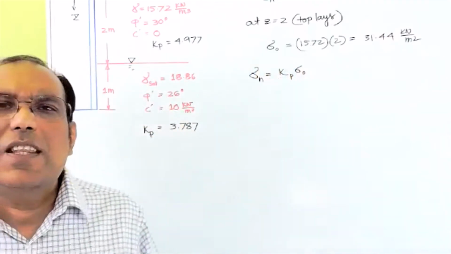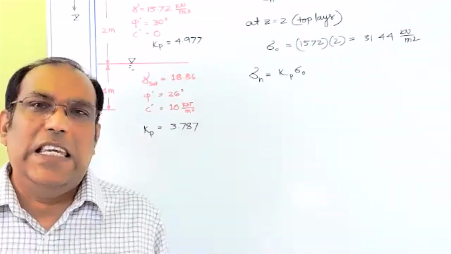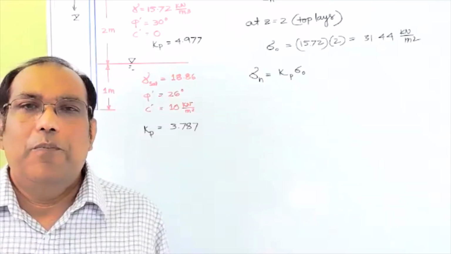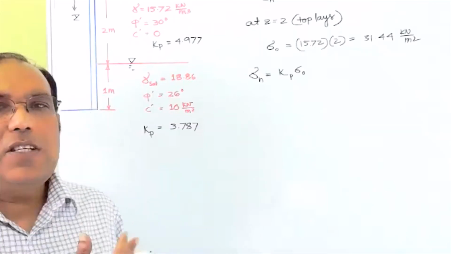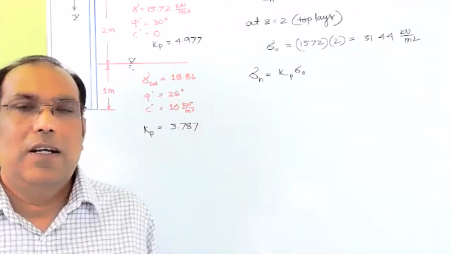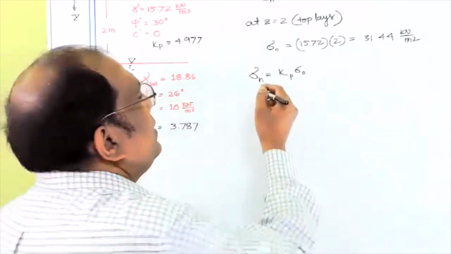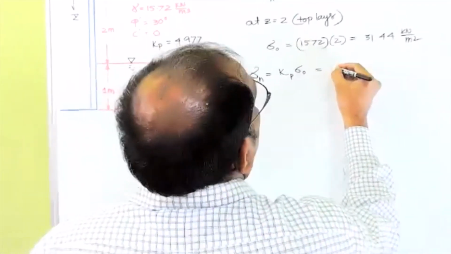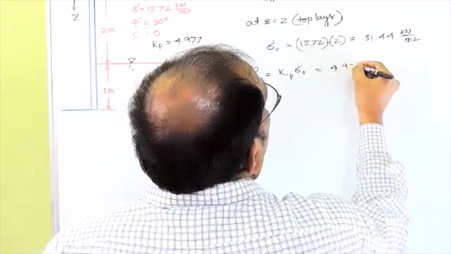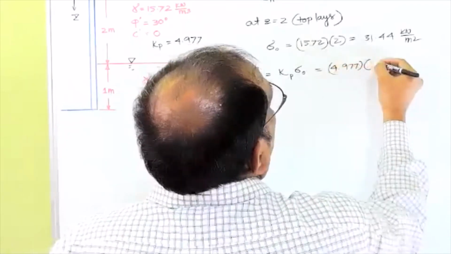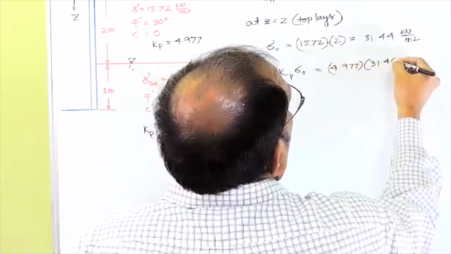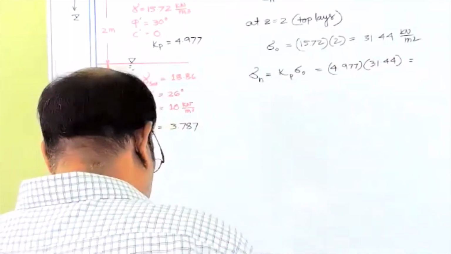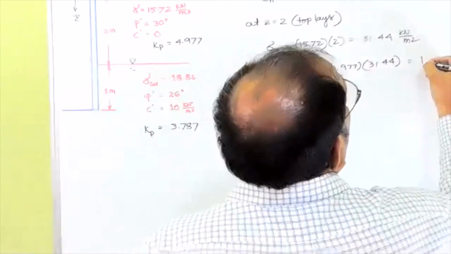Okay, there's not like 2c root over k. That's only applicable for Rankine's method. Here, you just have to multiply with that factor, and you can find out your sigma h over there. So you can see this is 4.977 multiplied by 31.44. That's actually 156.48.